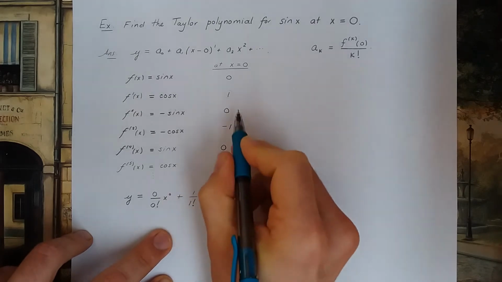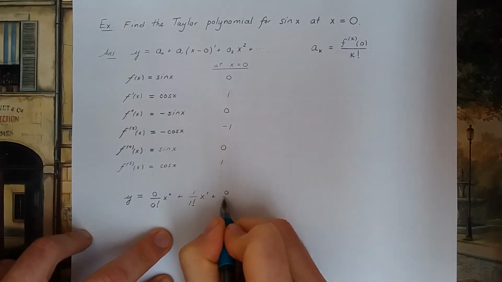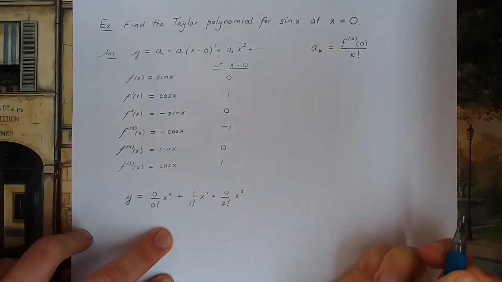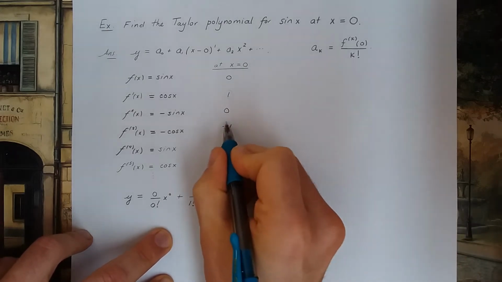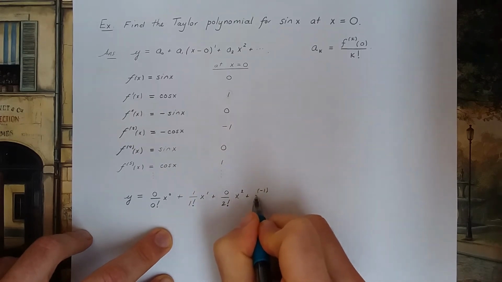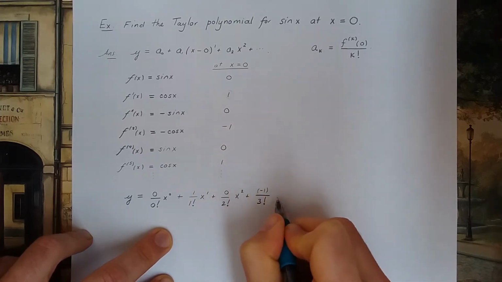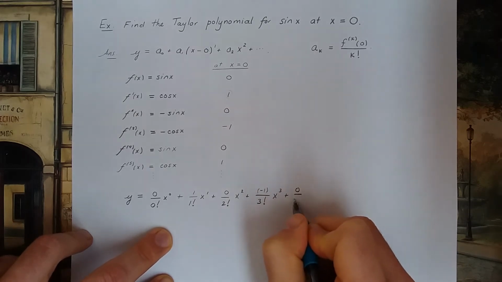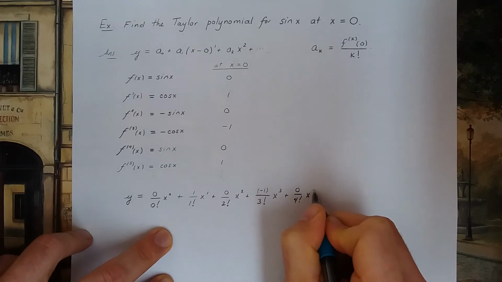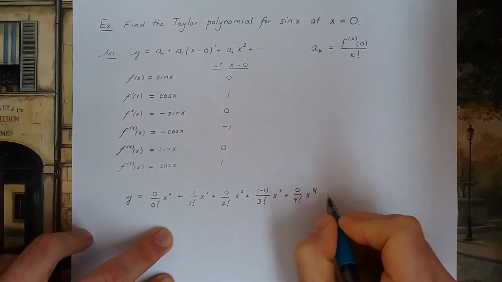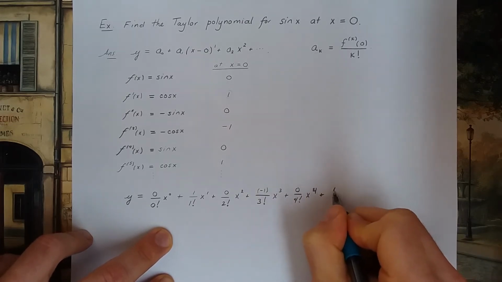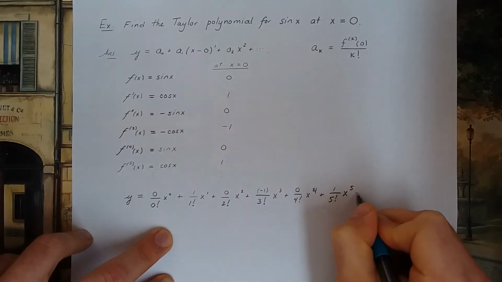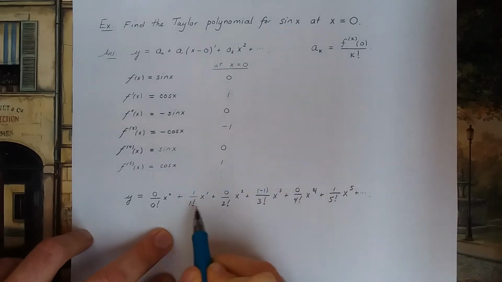The second term, 0 over 2 factorial x squared. Then I'm going to get negative 1 over 3 factorial x to the third, plus 0 over 4 factorial x to the fourth, plus 1 over 5 factorial x to the fifth. And then I could keep going.